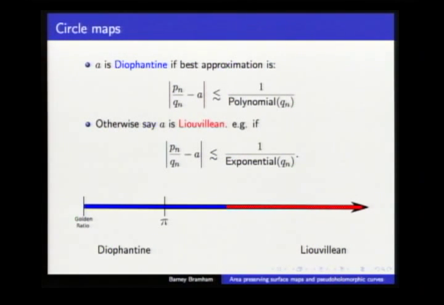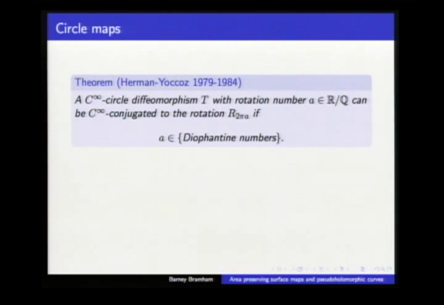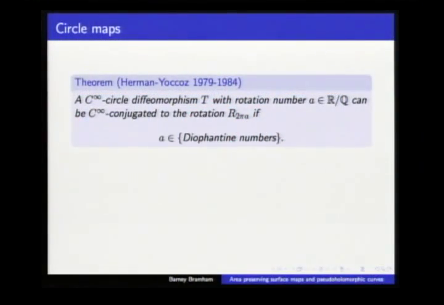E I couldn't find, but here's a remarkable theorem. First Herman, if I understand rightly, proved a version similar to this first. So for smooth diffeomorphisms, if you know that your number is Diophantine, which forms a set of full measure, and the other set is measure 0, of course, but is actually dense, then automatically it will be smoothly conjugate to a rotation.